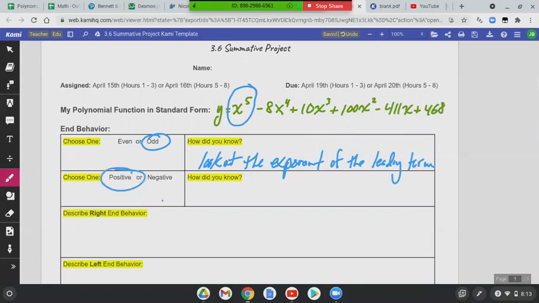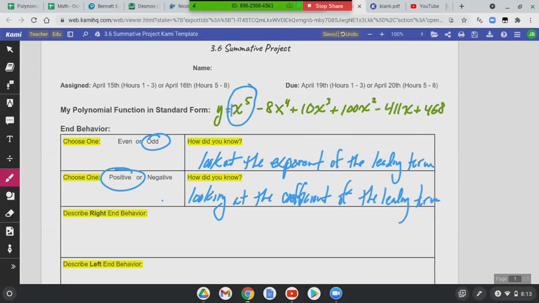I can tell again by looking at the coefficient of the leading term. And the coefficient is 1.